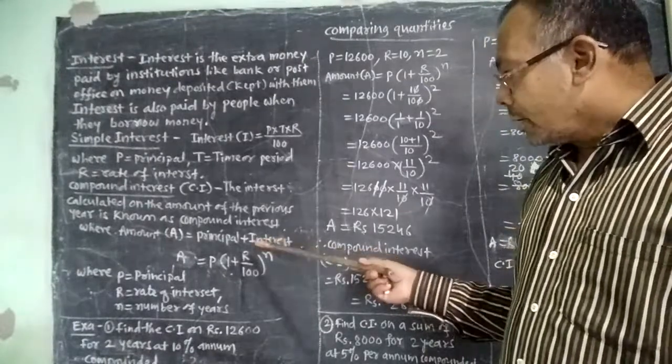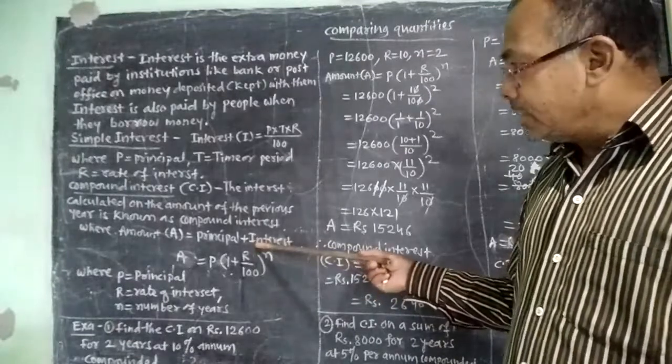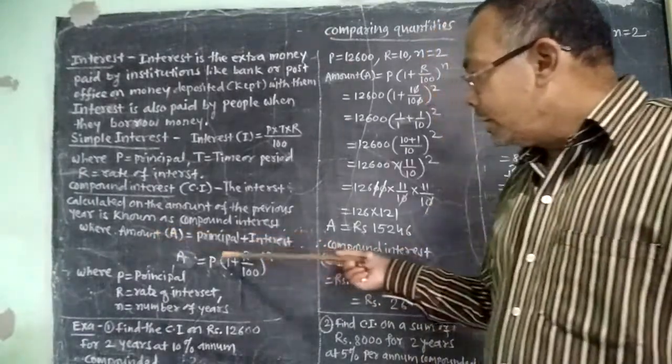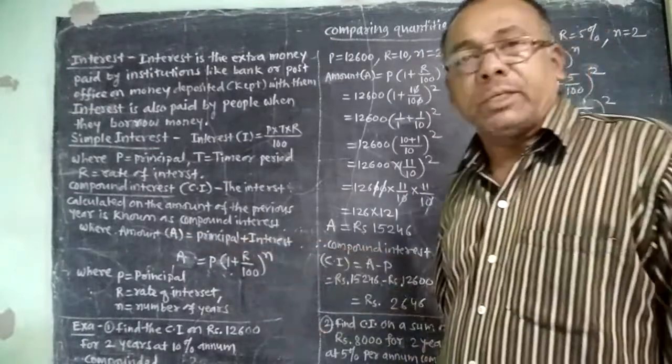Or compound interest is equal to amount minus principal, means A minus P.